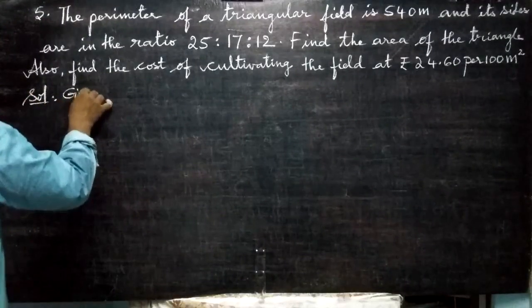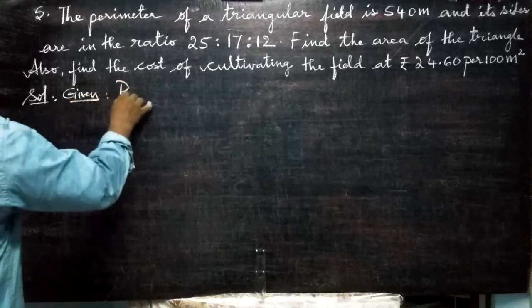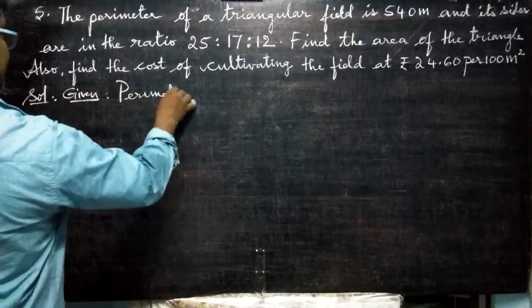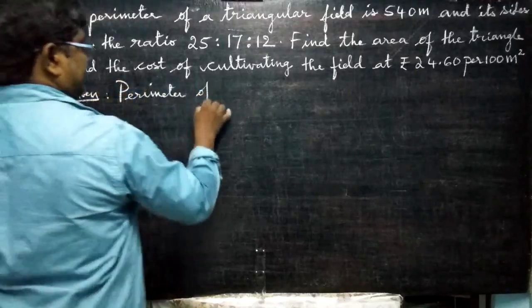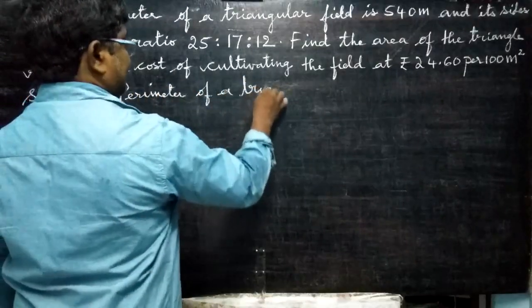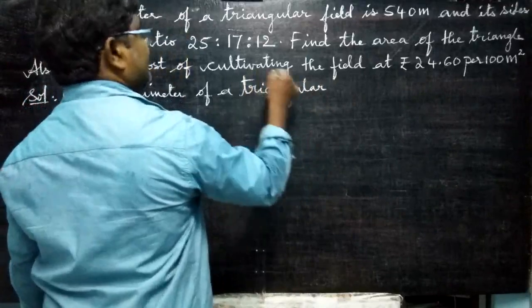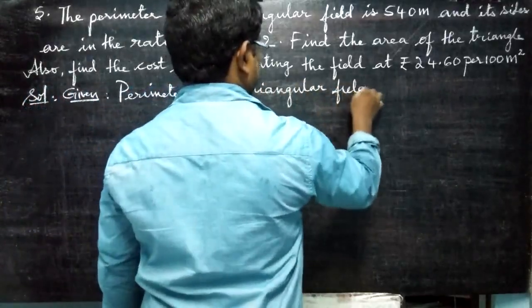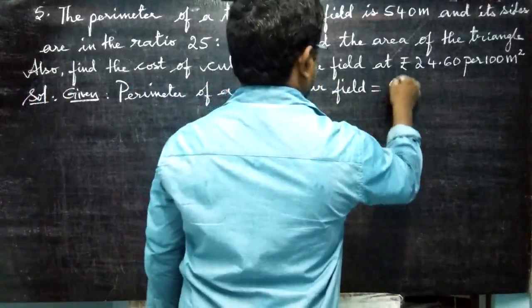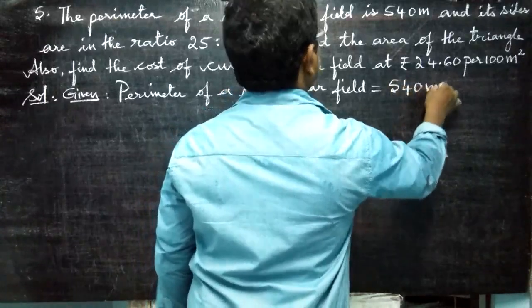Given, what is given? Perimeter they have given first. Perimeter of a triangular field is equal to 540 meters.